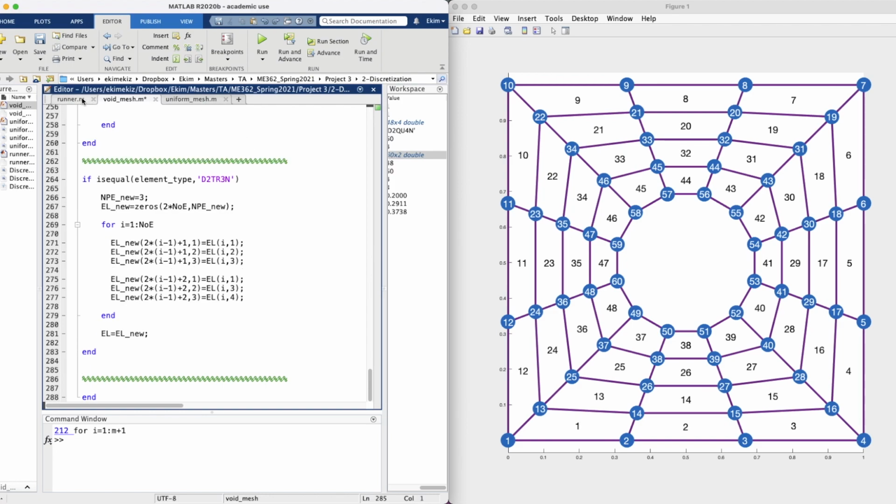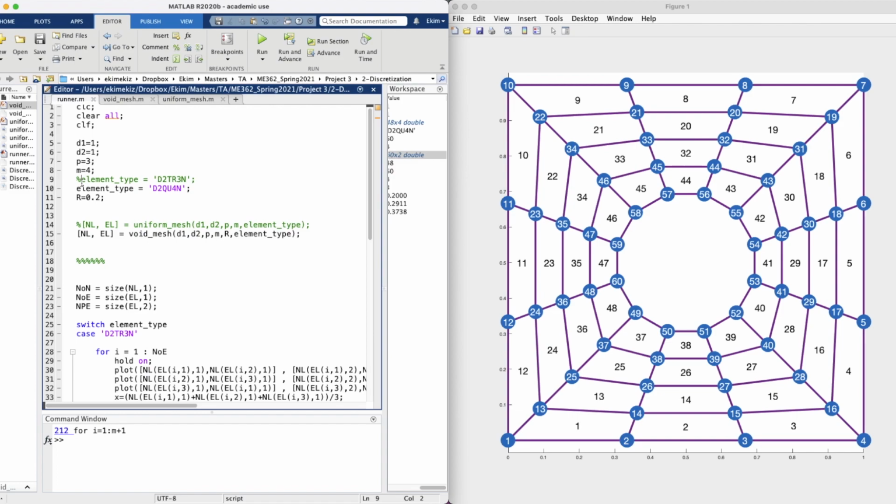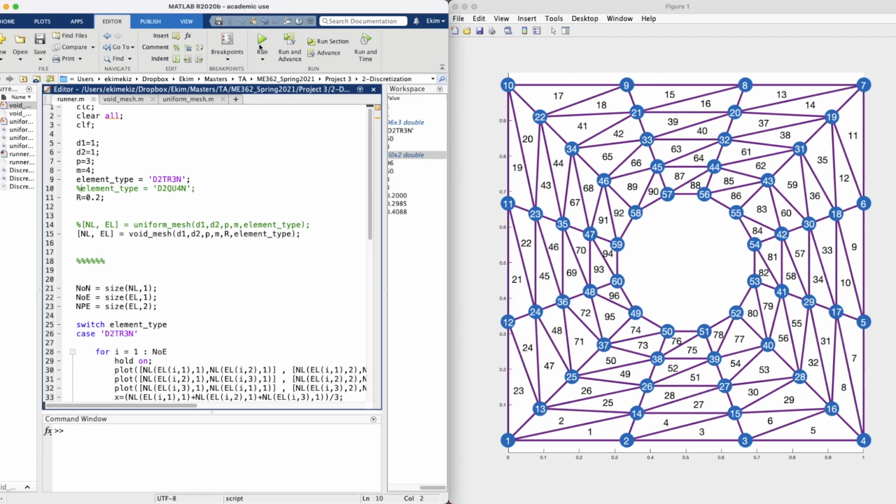So let me undo that, and then let's change the element type and run it. And as you can see, we have the same number of nodes, but we get twice the number of elements. And this is how we generate the constant strain triangle domain.